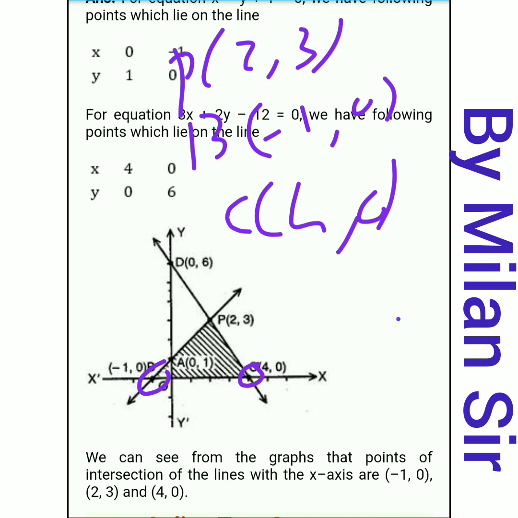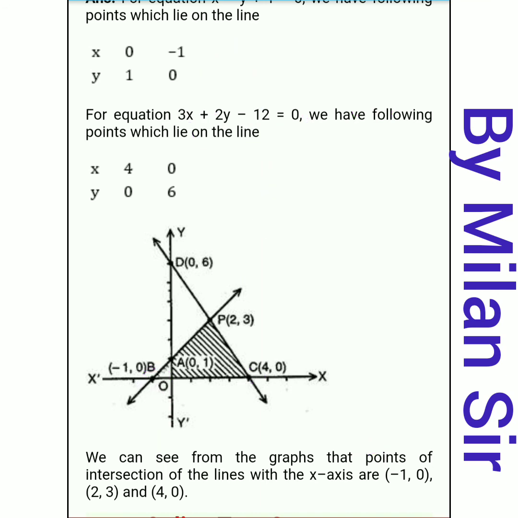So at last we can write like this: we can see from the graph that the points of intersection of the lines with the x-axis are (minus 1, 0), (2, 3) and (4, 0). Okay, because this is our triangle, we need to write the coordinates of these 3 points that we've written here. This is our final answer.